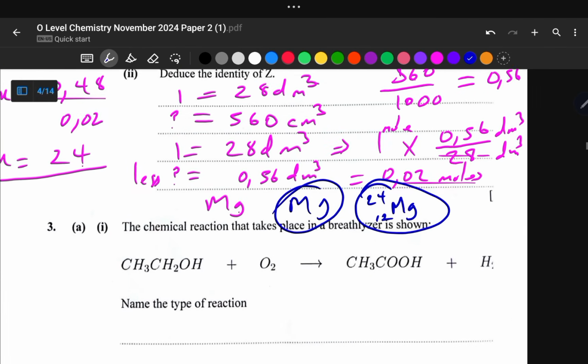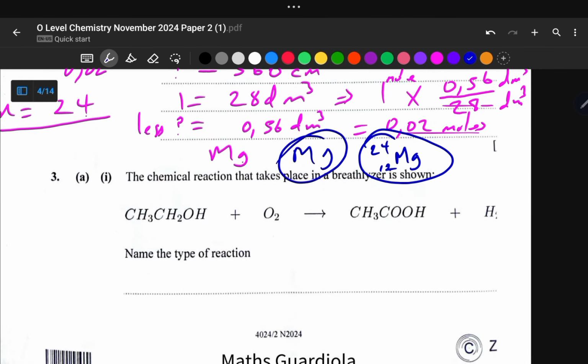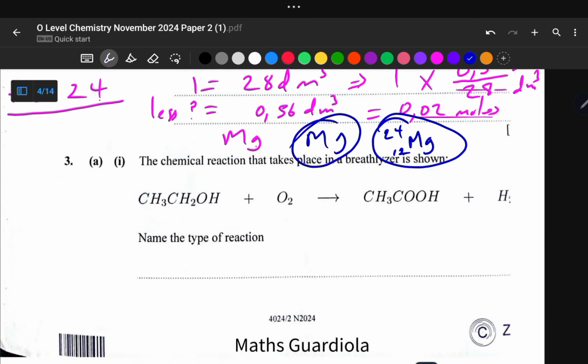And then we are moving on to number 3, which says the chemical reaction that takes place in a breathalyzer is shown, right? So we have ethanol plus oxygen to give ethanoic acid plus water here. So you need to add water here. Name the type of the reaction.